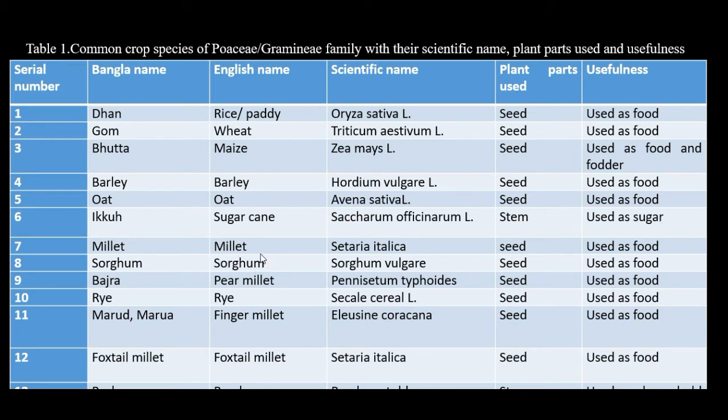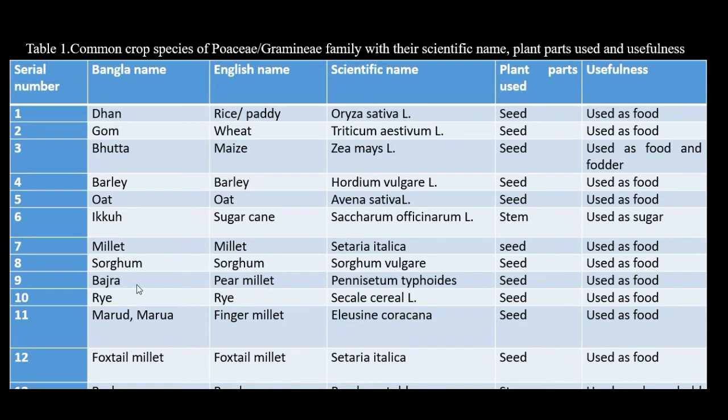And millets, different types of millets. Another one is sorghum. Sorghum in Bangla is also sorghum, Sorghum bicolor in scientific name. Seed is used for economic purposes, used as food.